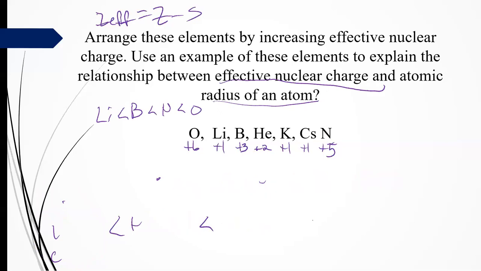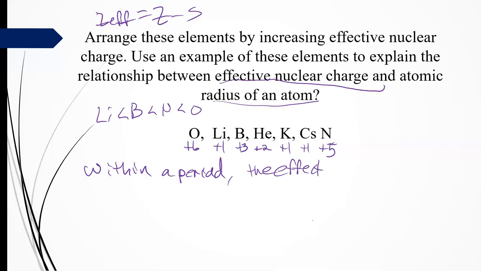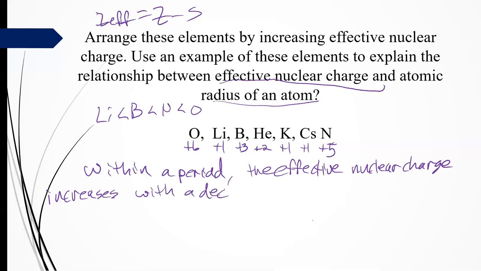So make some space so we can write our explanation. Within a period, the effective nuclear charge increases with a decrease in atomic radius.